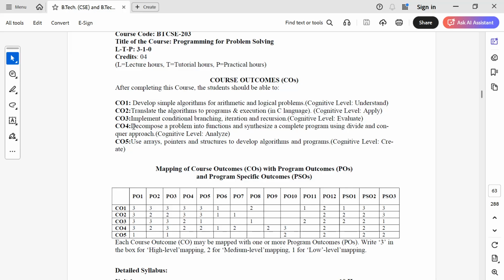Then the course objective is to decompose the problem into functions. Functions, as the name says, that does something. So there is something called function in programming languages. Okay? That's a small group of statements meant to do certain task. Okay?